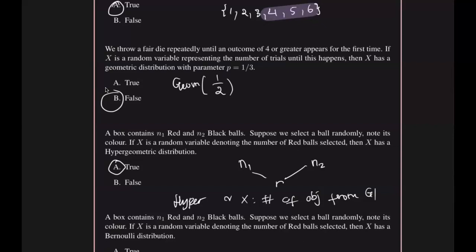Then in that case, the number of red balls will follow a hypergeometric distribution, which means that when you take the second ball, the probability depends on the result that you got from the first sample. Whereas for Bernoulli or binomial, the trials are independent and the probability of success stays the same. But for hypergeometric, because you sample without replacement, the trials are dependent on each other and the probability of success does not stay the same.